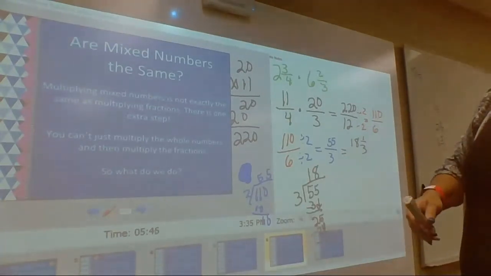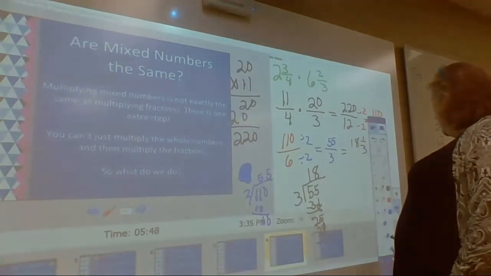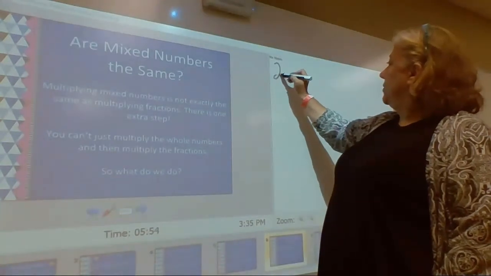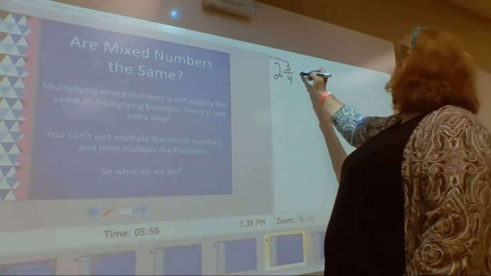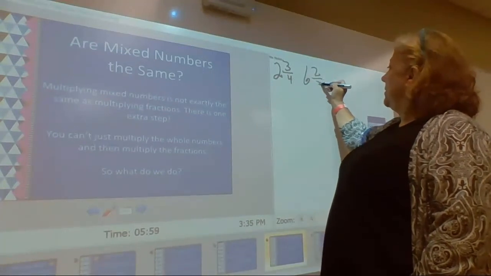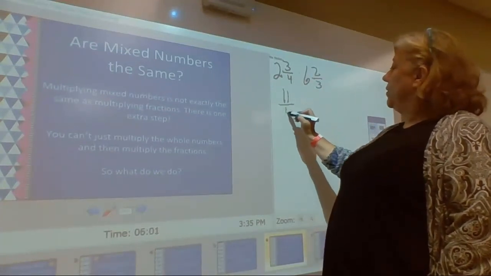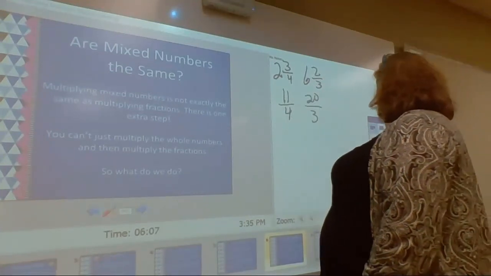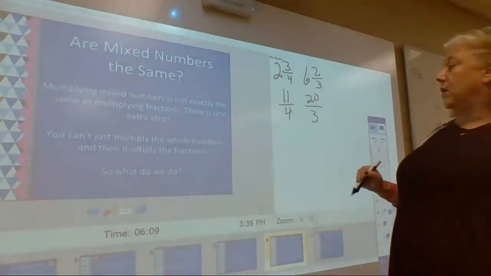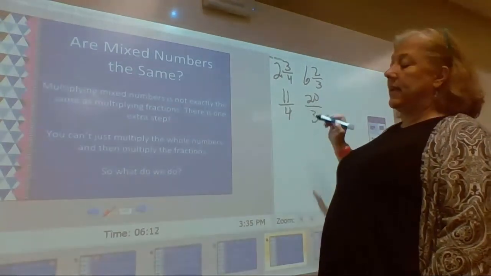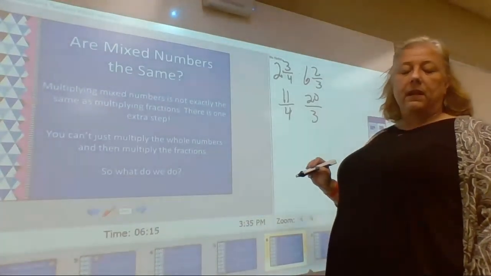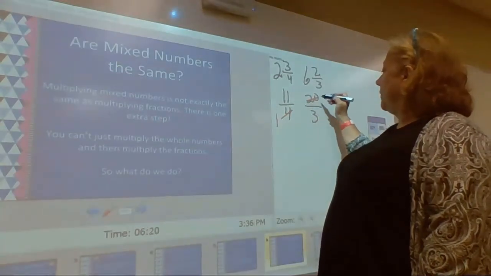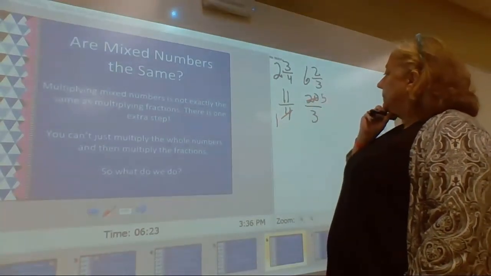The reason why I'm doing that is I want to show you an easier way to do this. I'm going to clean all this up. We were multiplying 2 and 3/4 times 6 and 2/3, which was 11/4 times 20/3. If we cross simplify, we make it a whole lot easier because 4 and 20 have a common factor, which is 4. There are 5 groups of 4 in 20.